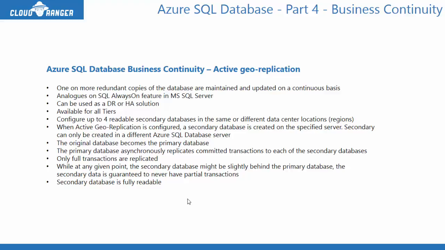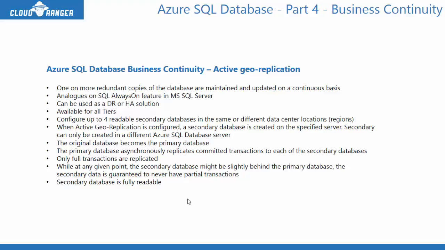So if you have a lot of writing happening to your databases, it's recommended that you don't do that, because now you're waiting. In the worst case scenario, you're waiting for all four secondary databases to be committed at the same time and then come back and report to your application. That's probably not a good idea, depending on all the latencies, because all this replication is happening over the internet. Well, I wouldn't say regular internet. Microsoft definitely has their circuits between data centers, but it's happening over the internet. So you have to be mindful of that.